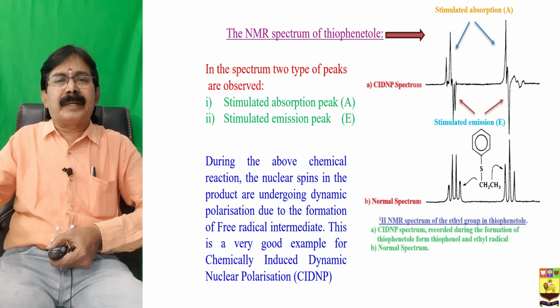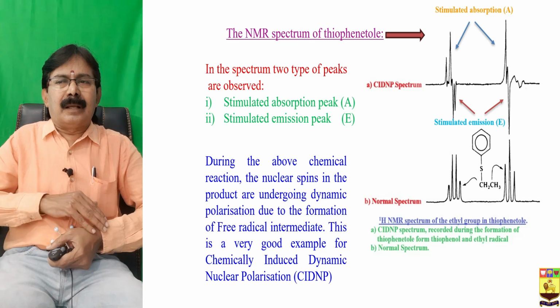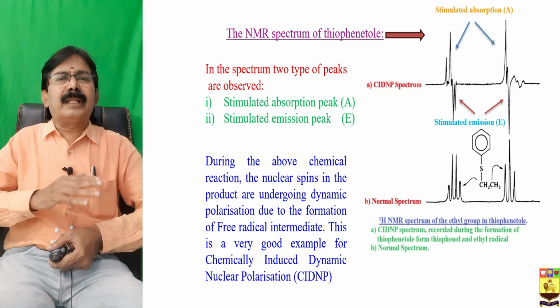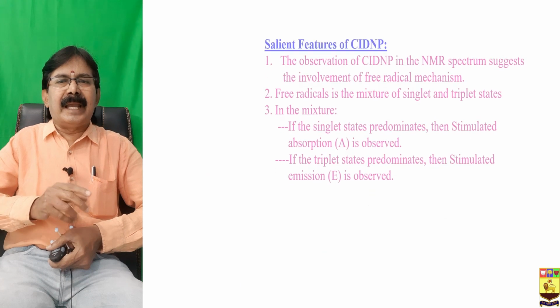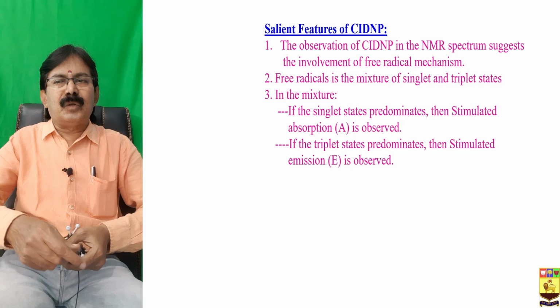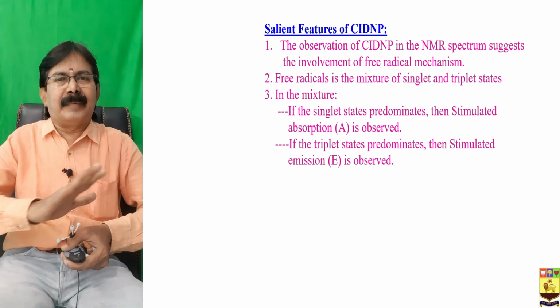The normal spectrum will have the normal NMR peaks. So during the above chemical reaction, the nuclear spins in the product undergo dynamic polarization due to the formation of a free radical intermediate.